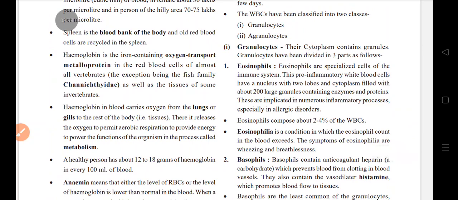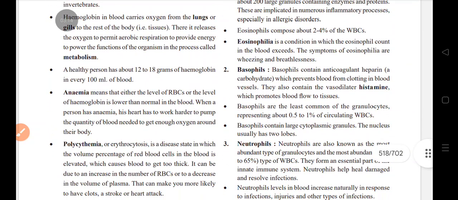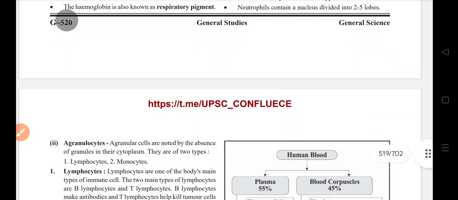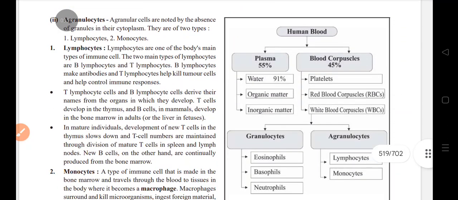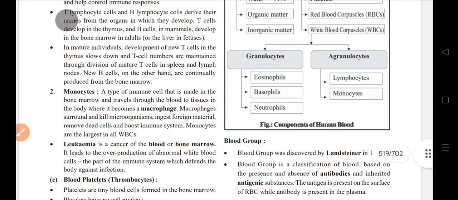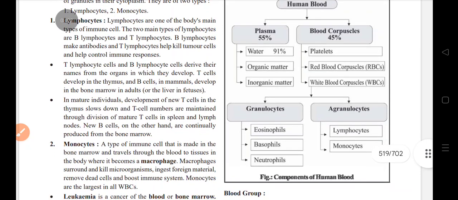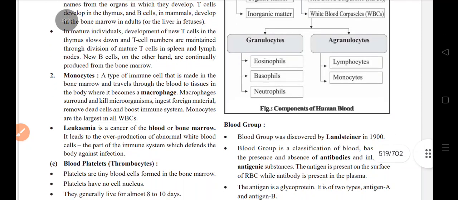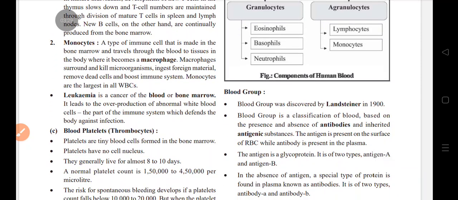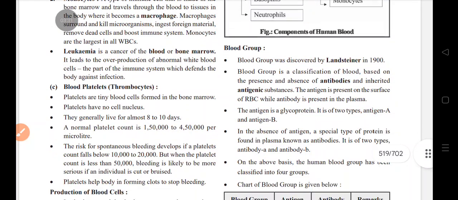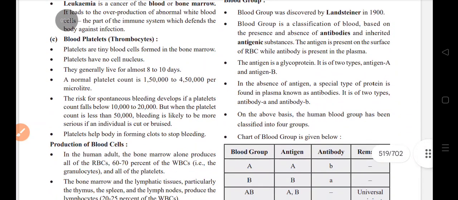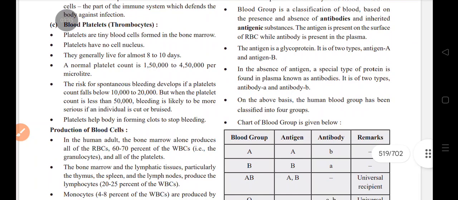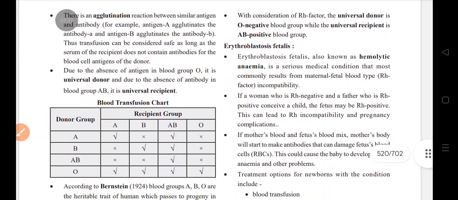Granulocytes: eosinophils, basophils, neutrophils; agranulocytes: lymphocytes, monocytes. Human blood is 55% plasma, 45% blood corpuscles. Blood group, Landsteiner. Antibody, antigen. Two types of antigen: antigen A, antigen B.